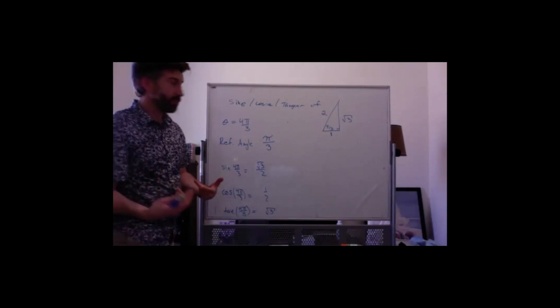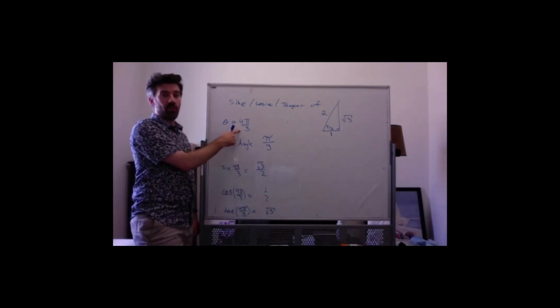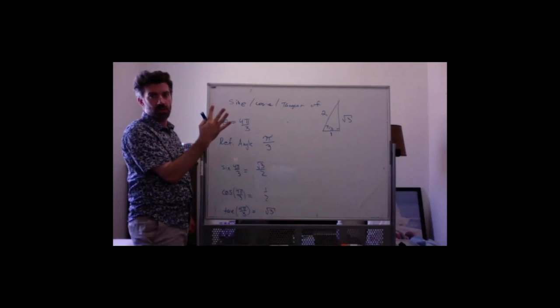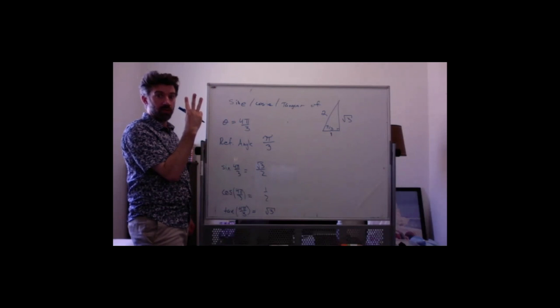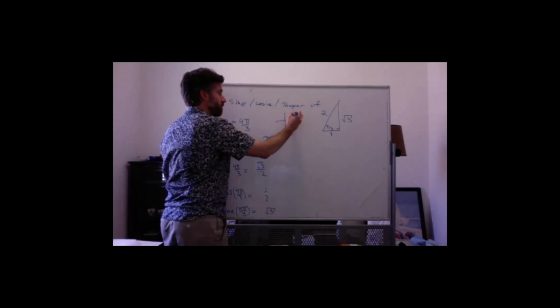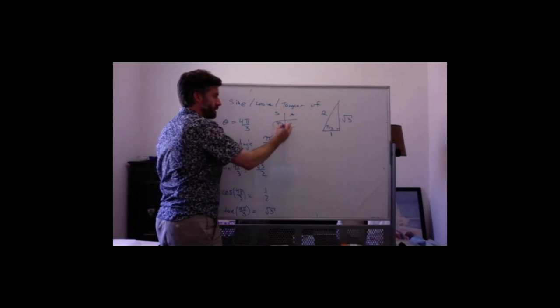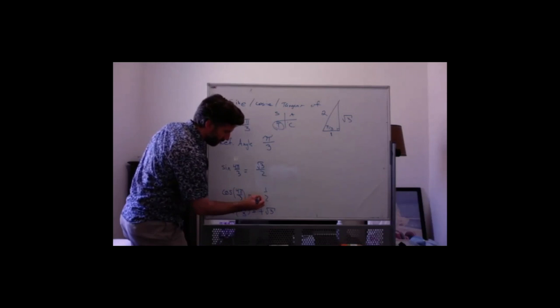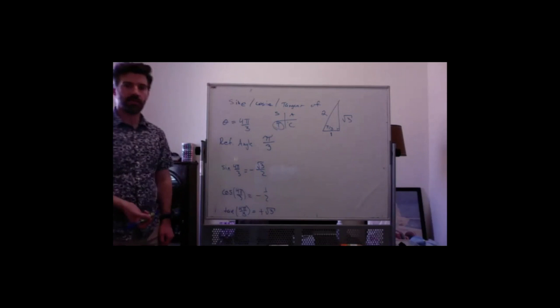But now, what quadrant is 4 pi over 3 in? Quadrant 1, 2, 3, or 4? Quadrant 3. And so in quadrant 3, we know that tangent's positive. So this one's positive, and the other two are negative.